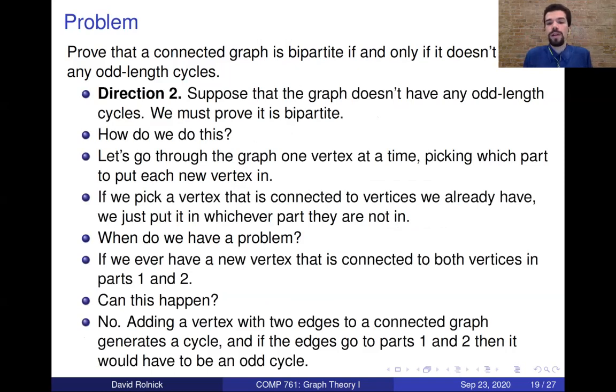Adding a vertex with 2 edges to a connected graph is going to generate a cycle. We knew that because of what we were doing with trees, right? If we have any connected graph and we add a new vertex with 2 edges to it, it's going to have to generate a cycle. And if the edges go to parts 1 and 2, then it would have to be an odd cycle. Are there any questions about this?